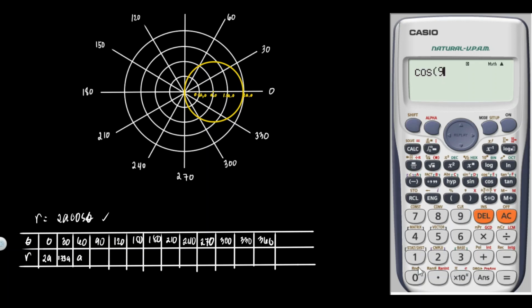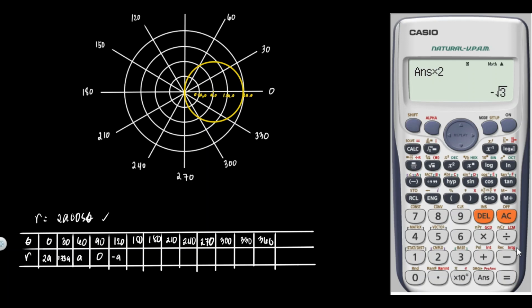Then cosine of 90 is what? 0. Okay, so 0 na to. Cosine of 120 is negative 1/2 times 2. Okay, so negative a. How about 150? Cosine of 150 is what? Times 2.